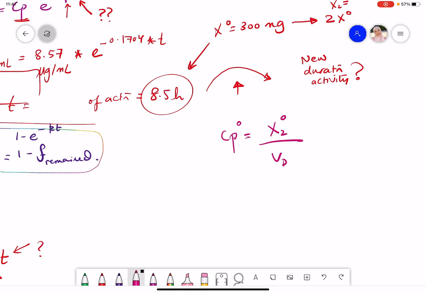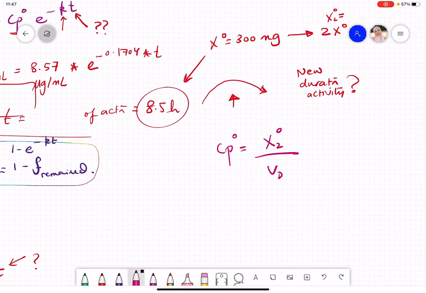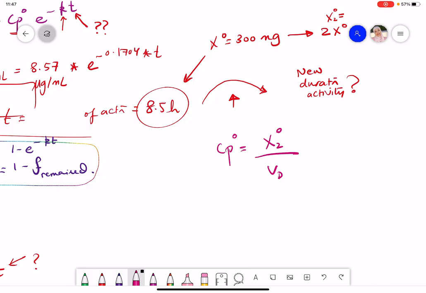Either we say the dose is doubled, so 2 multiplied by 300 over VD, which is 35 liter, which gives your new C_B naught, 17.4 microgram per milliliter.